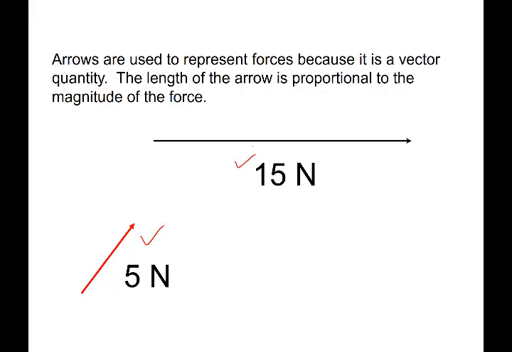Be mindful about this when you're solving problems. If you show a 5 Newton line longer than a 15 Newton line, then you're showing an incorrect representation of the magnitude. By the way, Newton is the unit of force. We are going to define that in a little while, because we need to know what N stands for. N is the unit of force, which is called Newton.